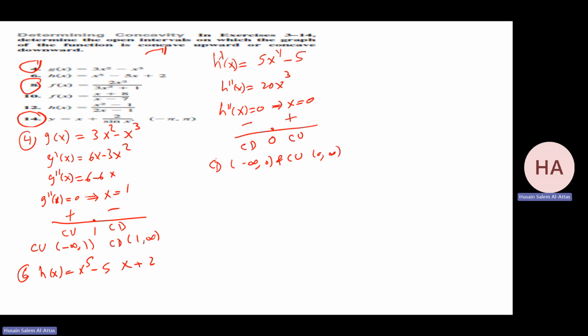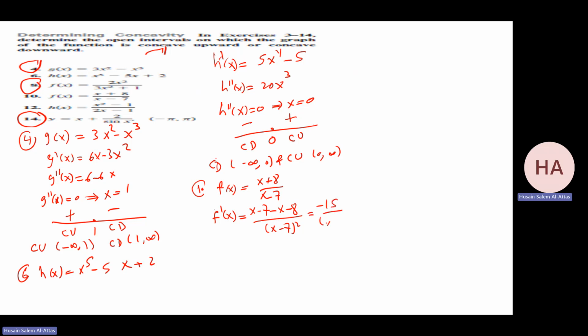Okay, now the functions are becoming a little bit complicated. No, it's not that complicated. It will be okay still. Number 10: f of x equals (x plus 8) over (x minus 7). We'll do f prime. The thing is the calculation. It will be (x minus 7) minus (x plus 8), over (x minus 7) squared.